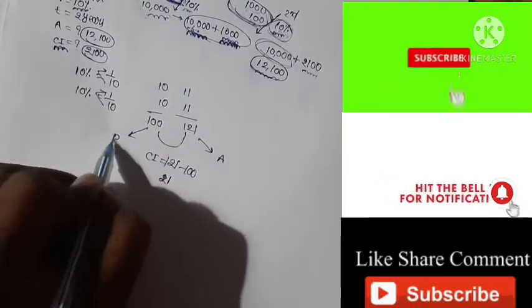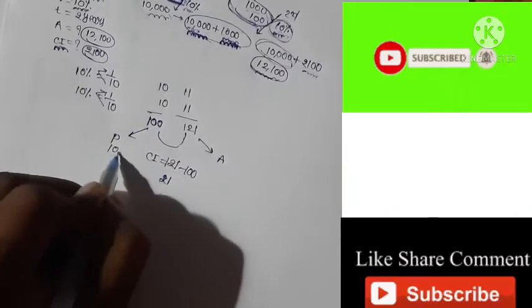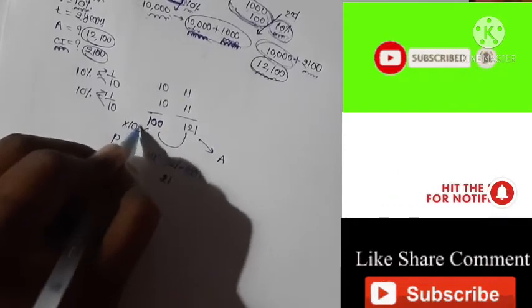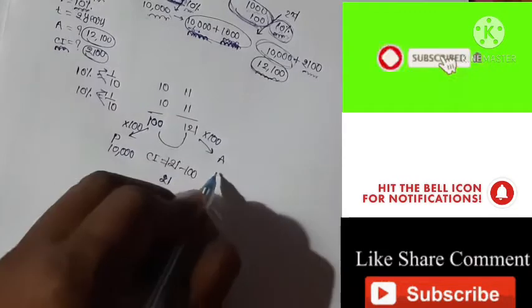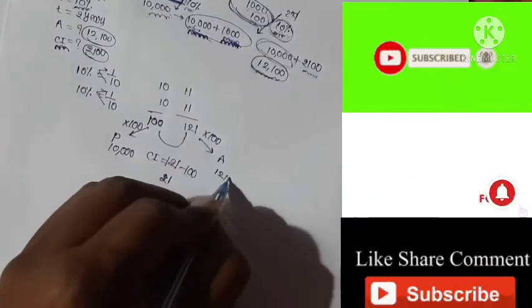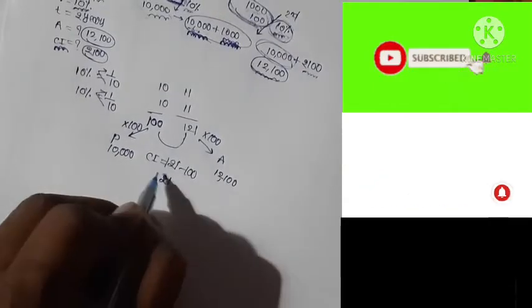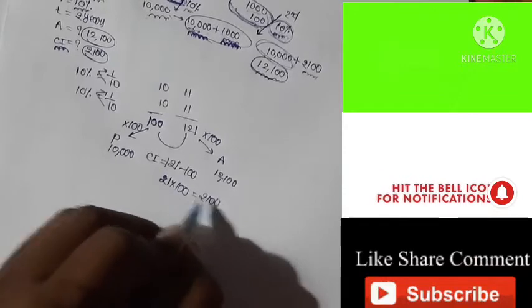So 100 units represent 10,000. So 1 unit represents 100. So the amount is into 100, so value is 12,100. So compound interest is into 100, so value is 2,100.